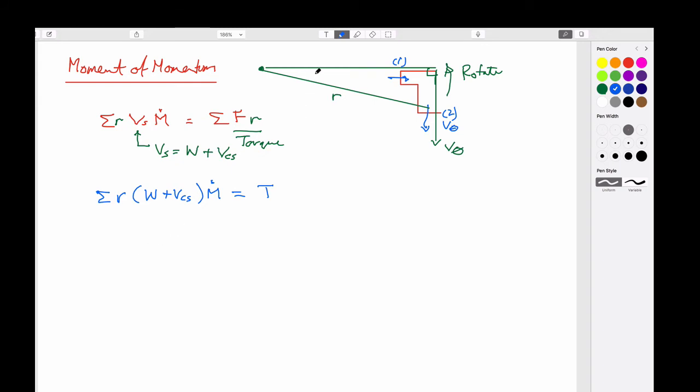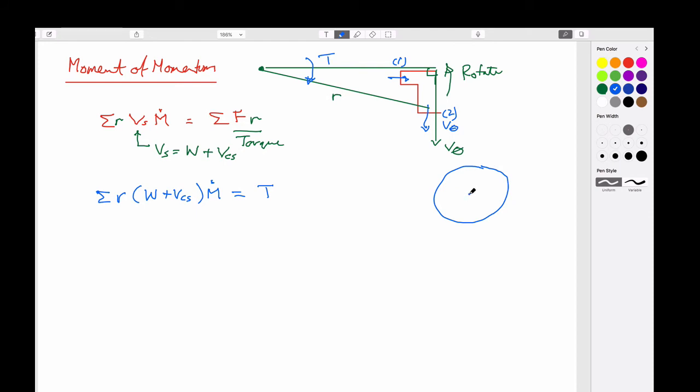And so the torque is what we have to apply to be able to keep this static, which is a force times a lever arm. And that's the expression for rotational moment of momentum that we can use. What else do we need to know? So in other words, this is going to be for our spinning system.